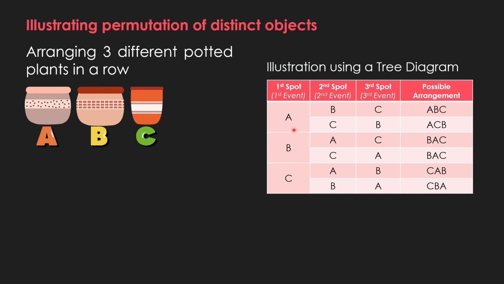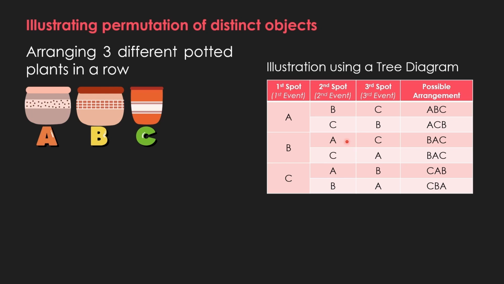When you get to the second space or second spot, which is actually our second event, only two possible choices remain. That would mean that if in the first spot you chose A to put there, then on the second spot either B or C is what you will consider. Now, if in the first spot the potted plant you chose to put first is B, then on the second spot your possible choices are again only two.